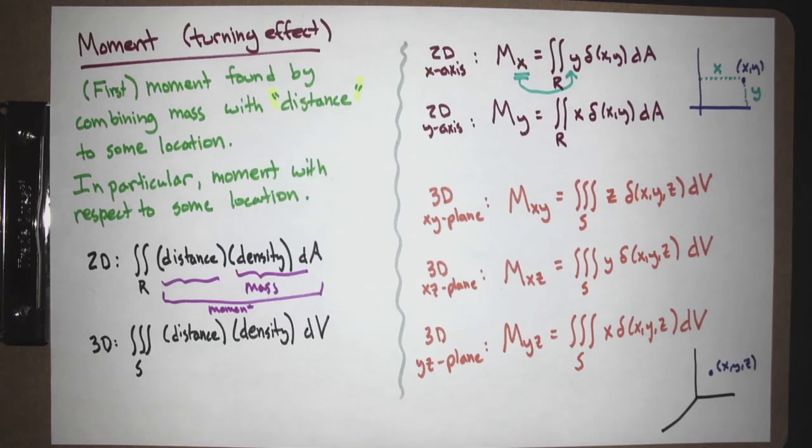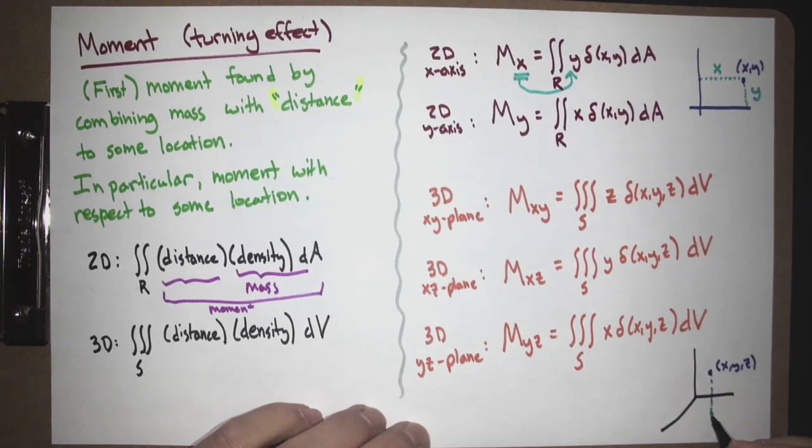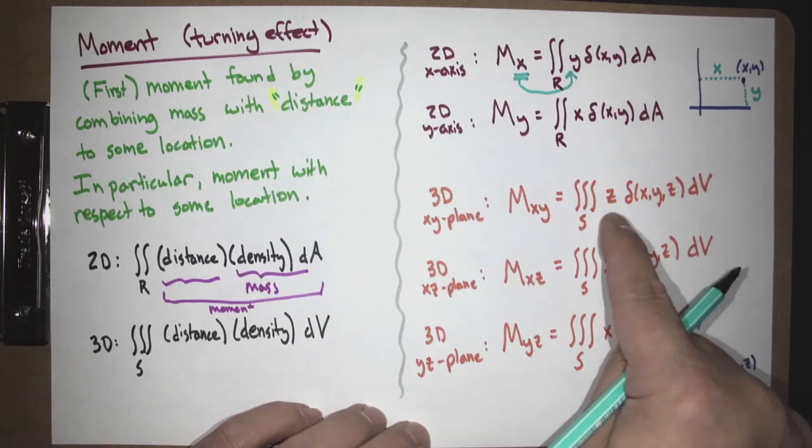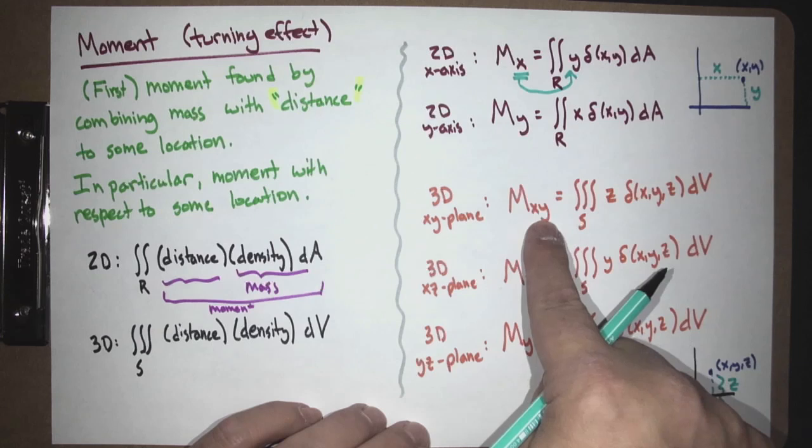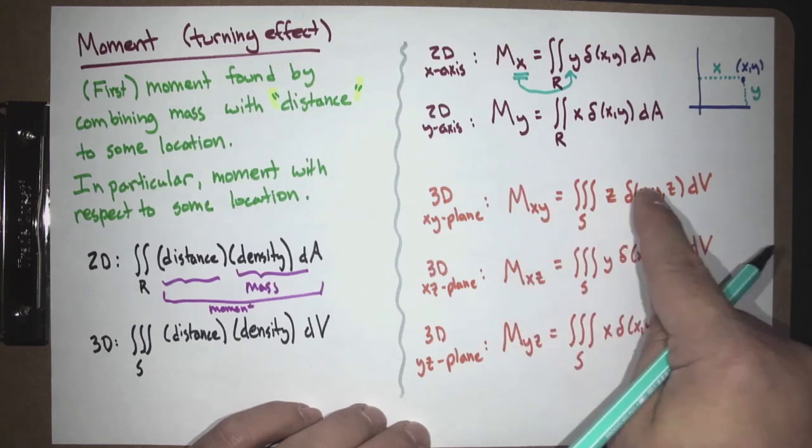If I want to find the distance between the point x, y, z and the x, y plane, what gives that? I drop straight down. What's this measurement? It's z. So that's the distance to the x, y plane. Distance, density.